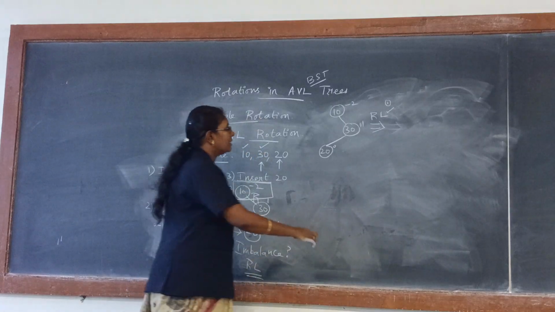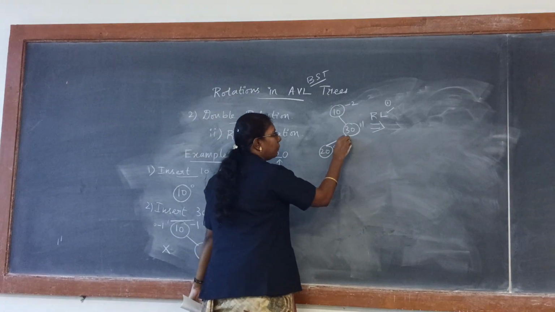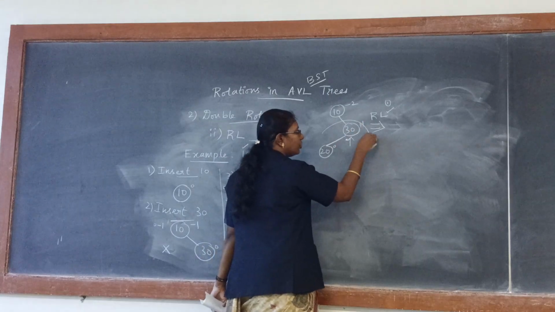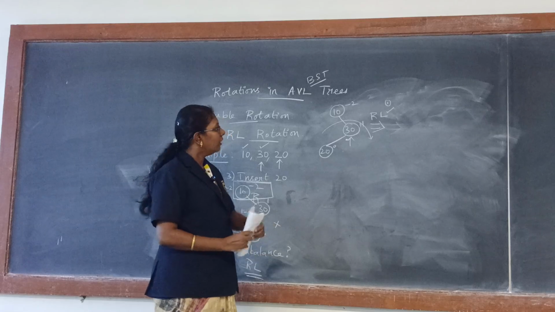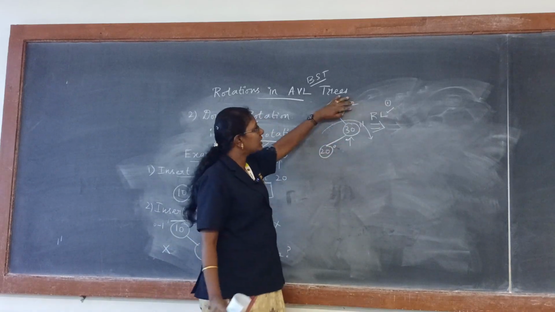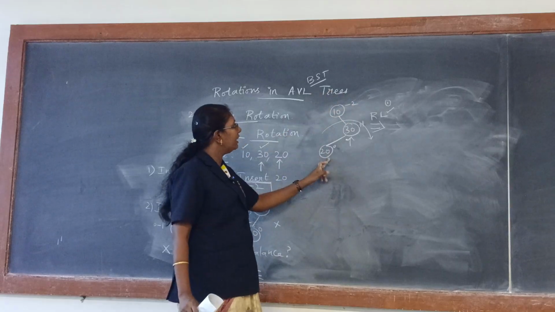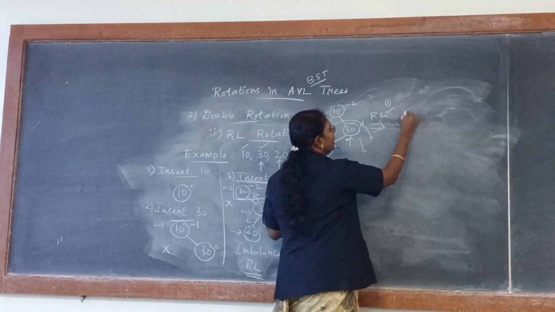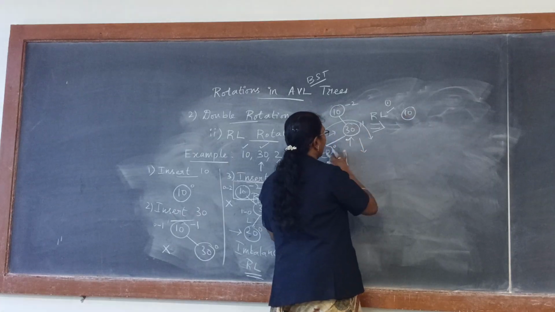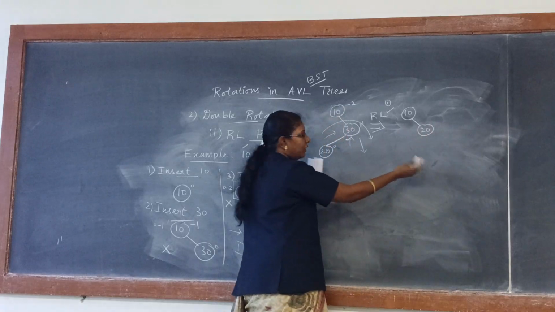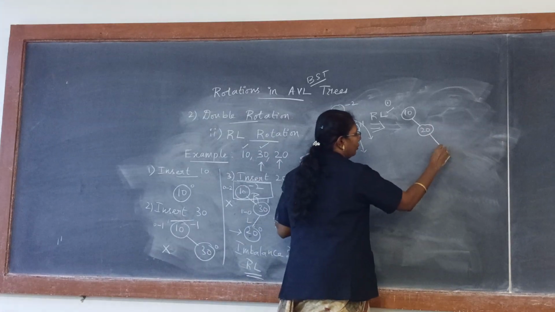Left rotation means keeping this point as the pivot point and dragging everything towards the right-hand side. If I keep this and pull the string towards this point without disturbing 10, 20 will come to this point and 30 will come to this point. Then the resultant tree structure will be 10, with 20 as the left subtree's first value, and 30 will follow this.